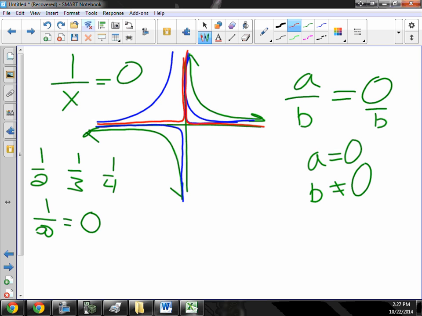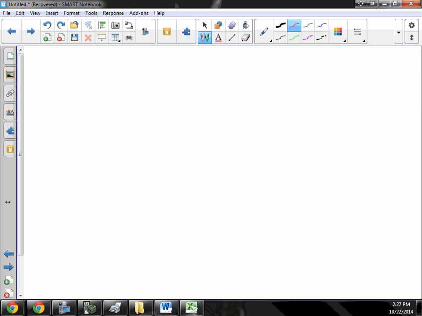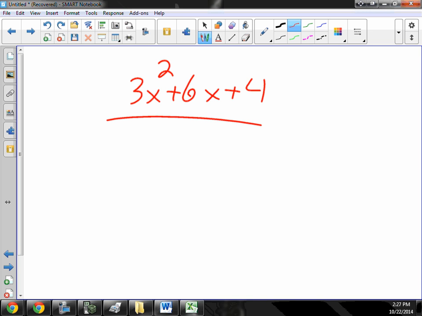So let's take two polynomials, 3x squared plus 6x plus 4, and 4x to the third minus 6x plus 1. At the ends of the graph, the only things that really matter are the first numbers.